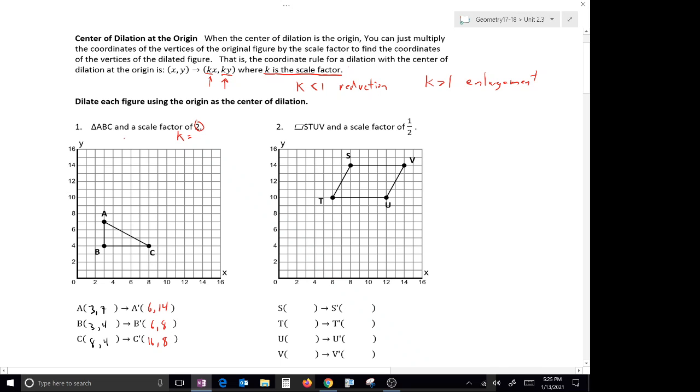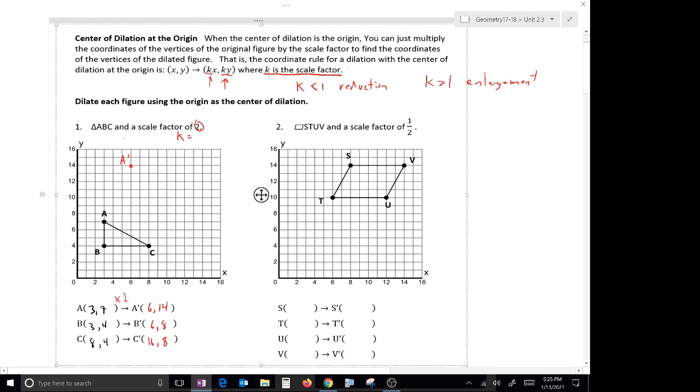So essentially I just multiply these all by 2, which is our scale factor. Okay, so when I do that, I get 6, 14. There's A prime. B prime is 6, 8.